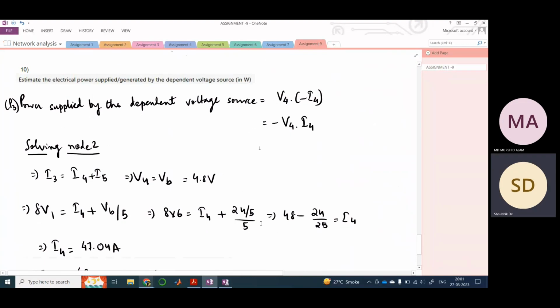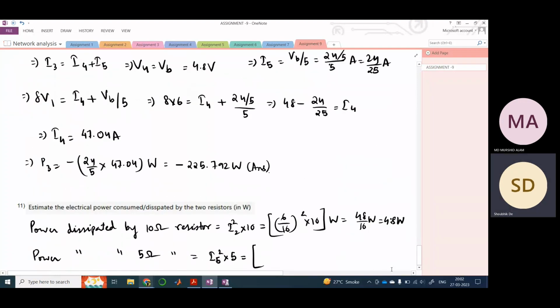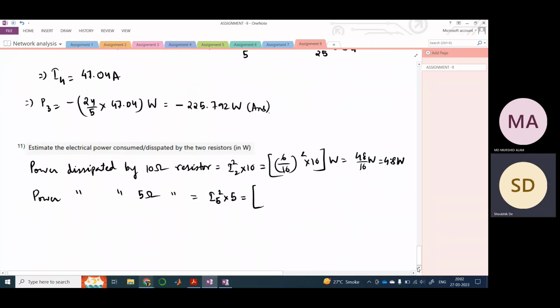Yeah, it's 24 by 25. So this was VB by 5, which was 24 by 5. So 24 by 25 ampere. Therefore, this would be 24 by 25 whole square into 5 watt.